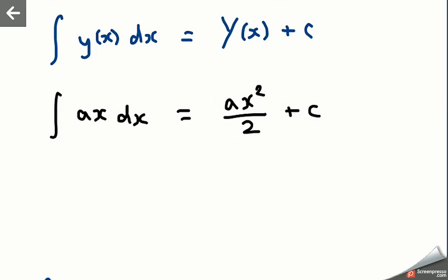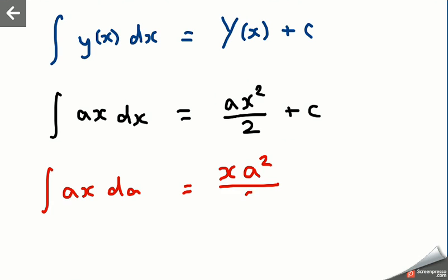Suppose instead I wrote the exact same thing, the antiderivative of ax dA. Well, then it's a completely different story altogether, because the antiderivative of ax dA means I'm integrating with respect to a this time. So the answer is actually going to be x times a squared divided by 2 plus c.